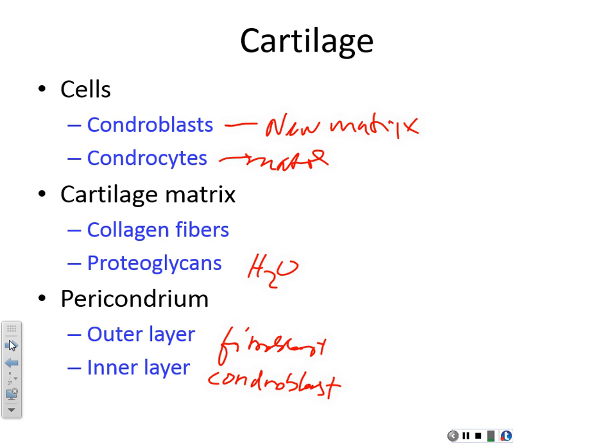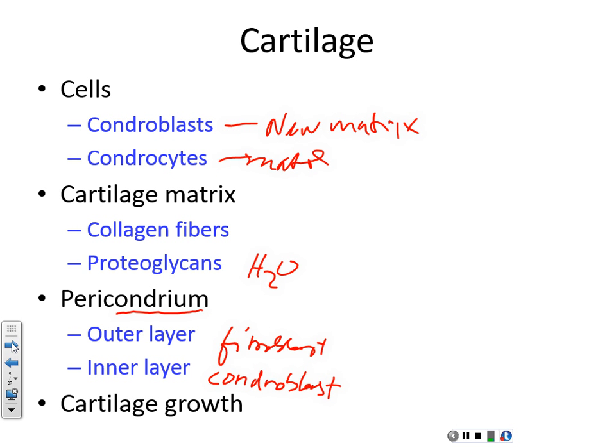This is the connective tissue that in the future bone will house the blood vessels, because the cartilage is the model for future bones in endochondral ossification. So know that the membrane covering cartilage is the perichondrium, chondrium for cartilage right there.